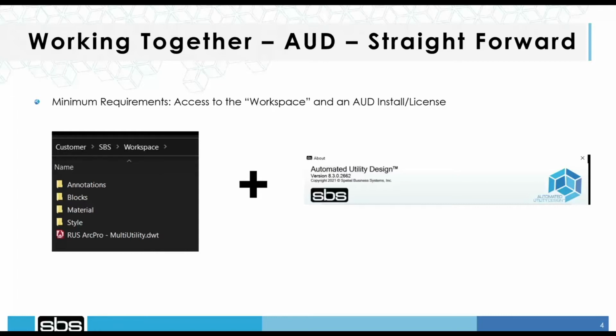When you have this scenario, it's pretty straightforward for the design firms or the applicant design and the utility that has the AUD configuration to work together. At a bare minimum, the workspace that contains your blocks and annotations and styles, and your template that contains the utility configuration for AUD, and a license of AUD is all that's needed to share data back and forth.